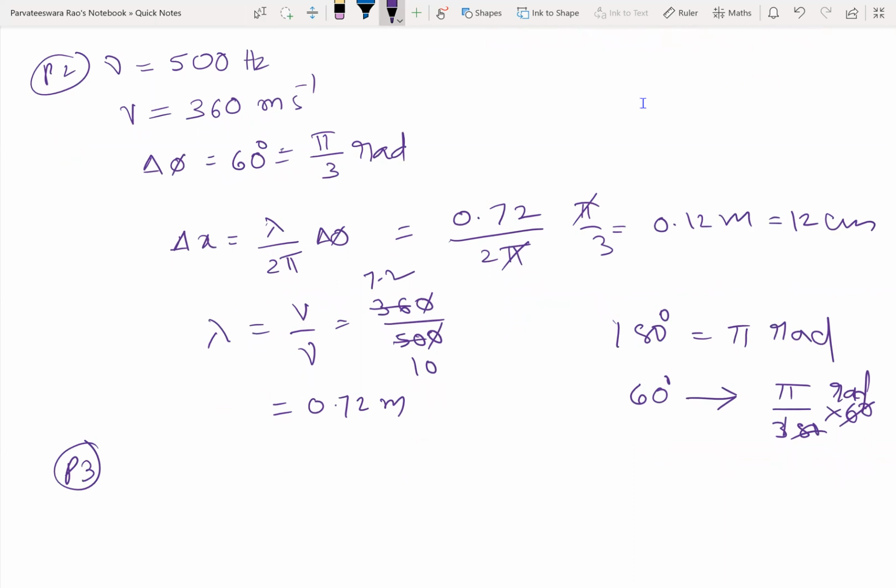So a standard problem which appeared in JEE and many other competitive examinations.